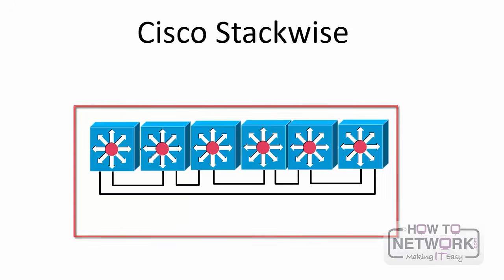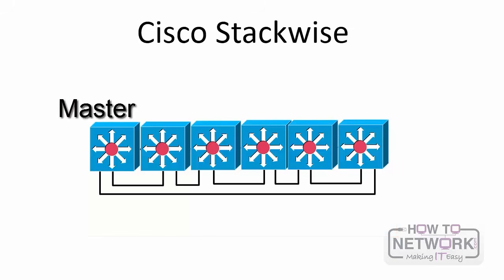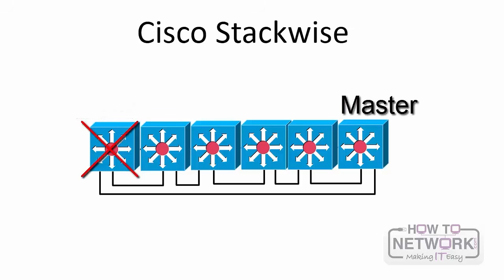There is only one switch that can be considered the stack master, and that is the switch on which you would perform your management functions. With the master switch concept, even if that master switch were to fail, another member switch could take over the role.